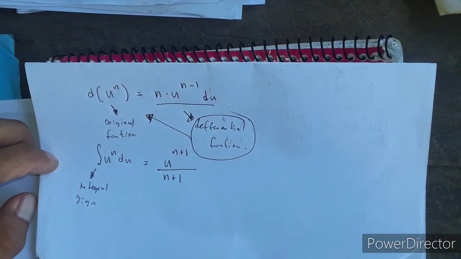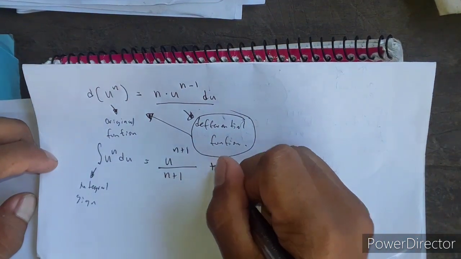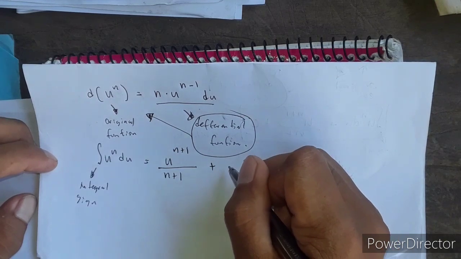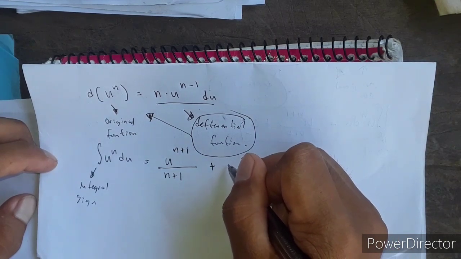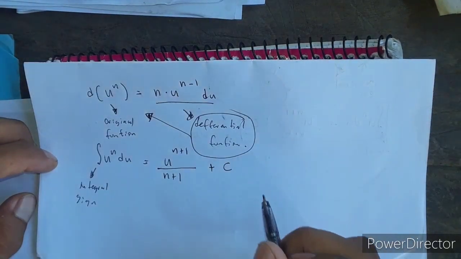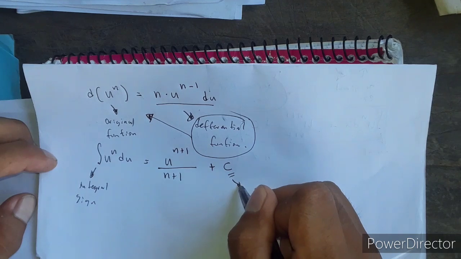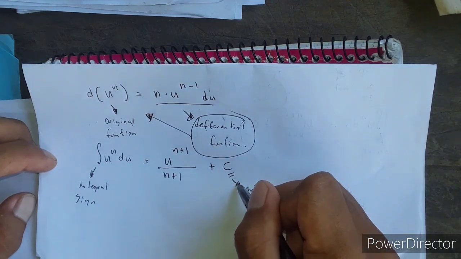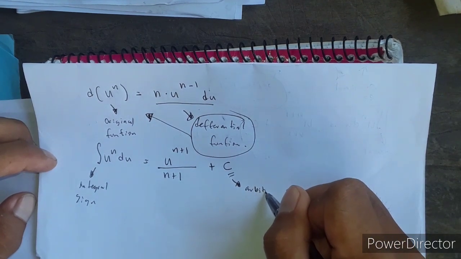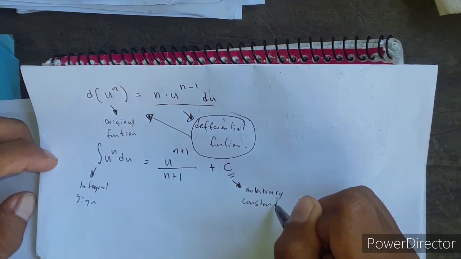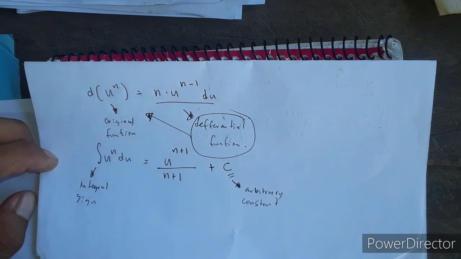And also in integrating, we need to add an arbitrary constant, represented as letter C. This is the arbitrary constant, because if we differentiate a constant, it would be equal to 0.